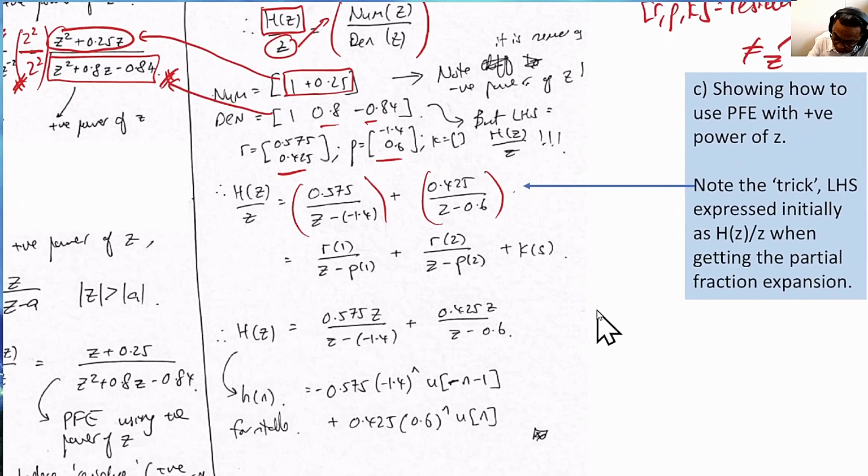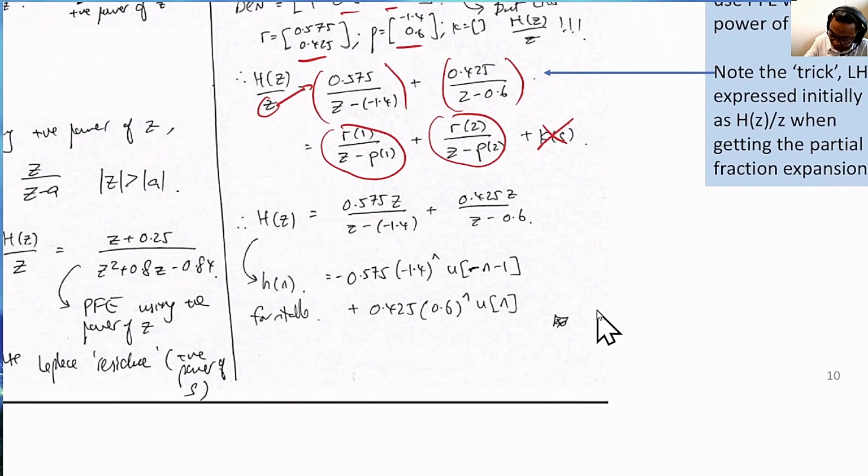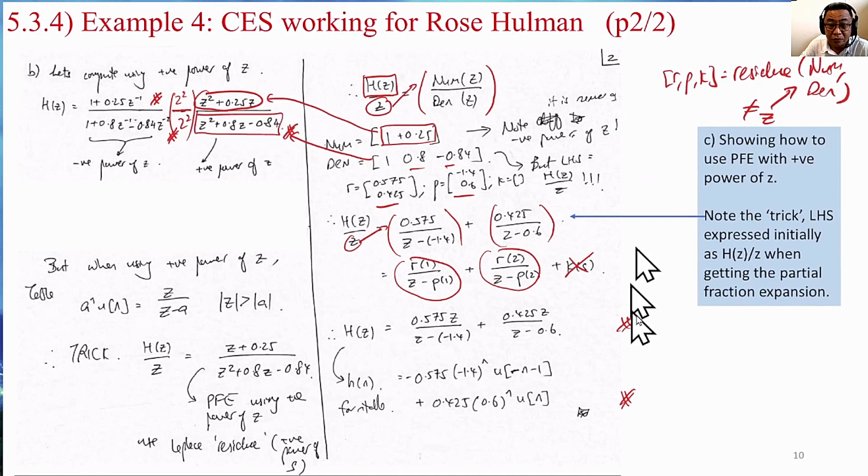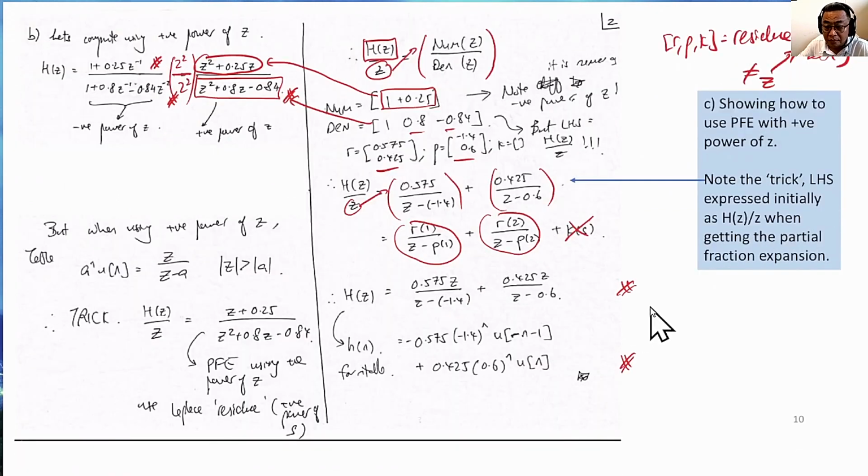When you substitute in, we move the z to the right hand side and we get it in this expression. K is equal to 0, and therefore now the answer is the same. Okay, so this is the trick of using positive powers of z to solve the same problem. And that's it for this question. Thank you very much.